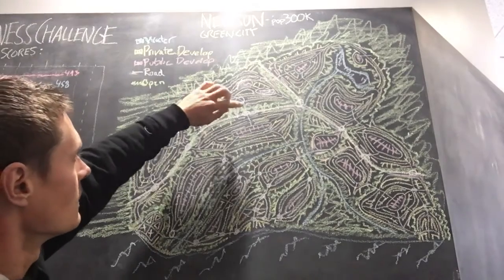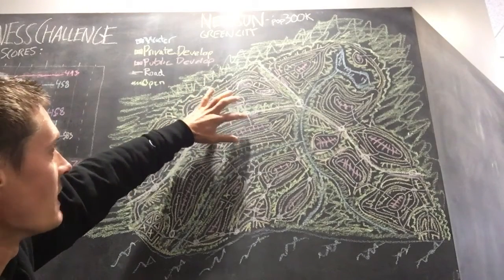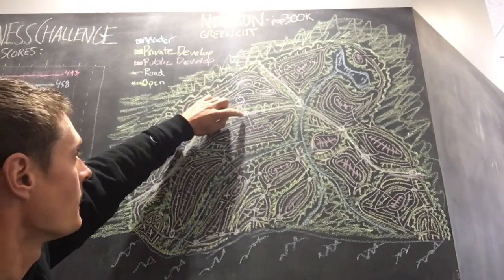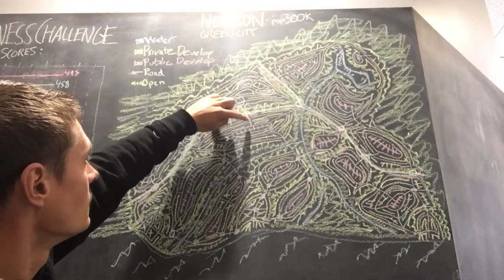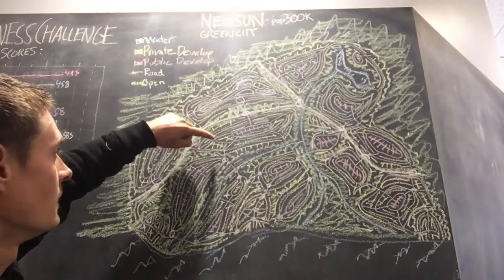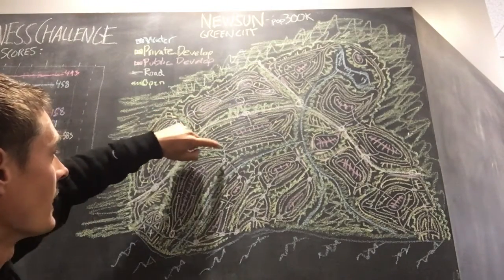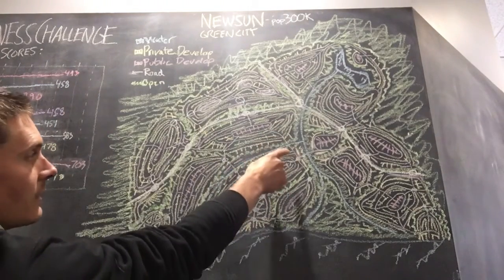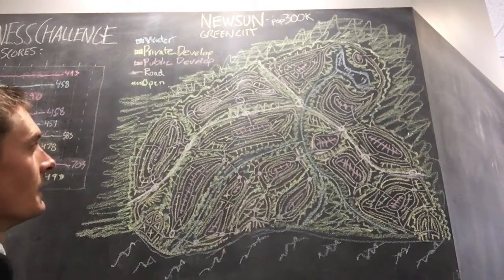Each neighborhood has at least one intersection with the highway, and when you get in, you will go around a series of circles essentially, and then there are outlets that will connect you to each of your neighboring neighborhoods.